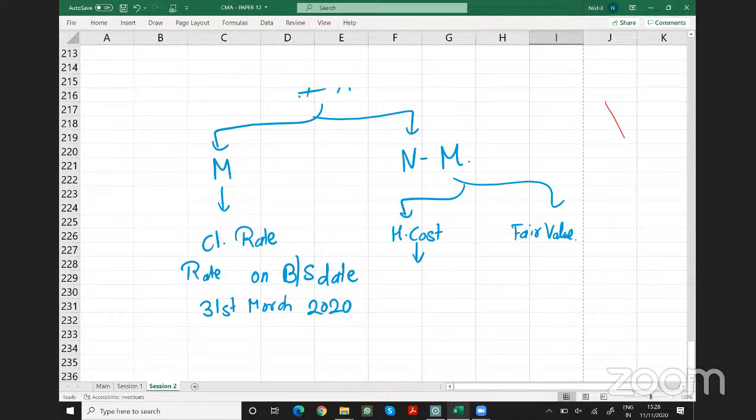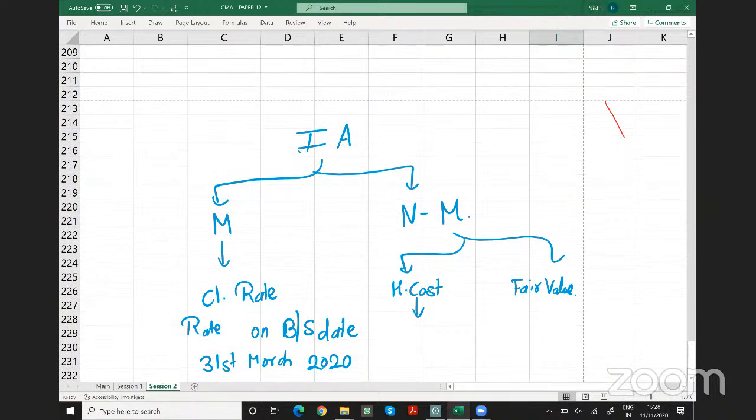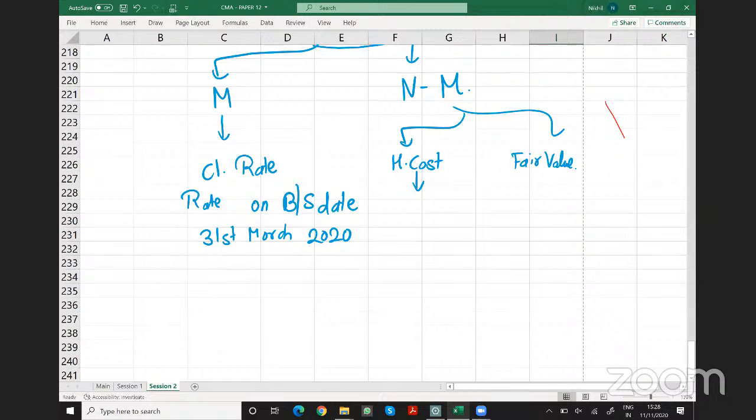But my iPhone should be reflected at 70 rupees only, if my iPhone is recorded at historical cost. So $1,000 multiplied by 70 rupees, which is the rate at the date of transaction. And closing rate is the rate on the date of balance sheet, which in this example we can take as 71 rupees.